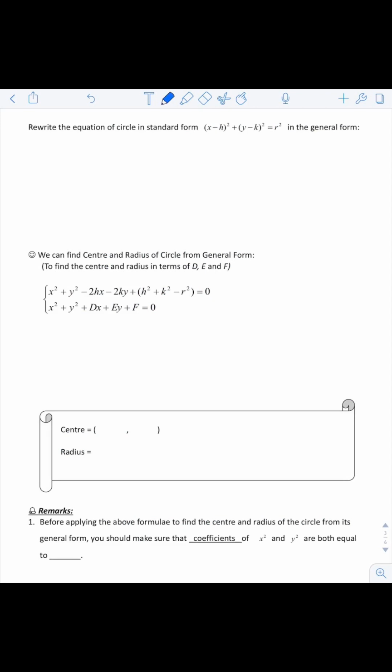Actually, we can rewrite any equations of circle in standard form into general form.